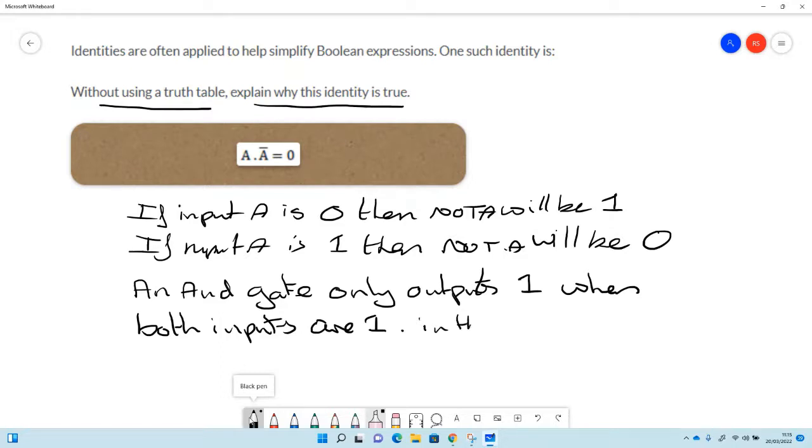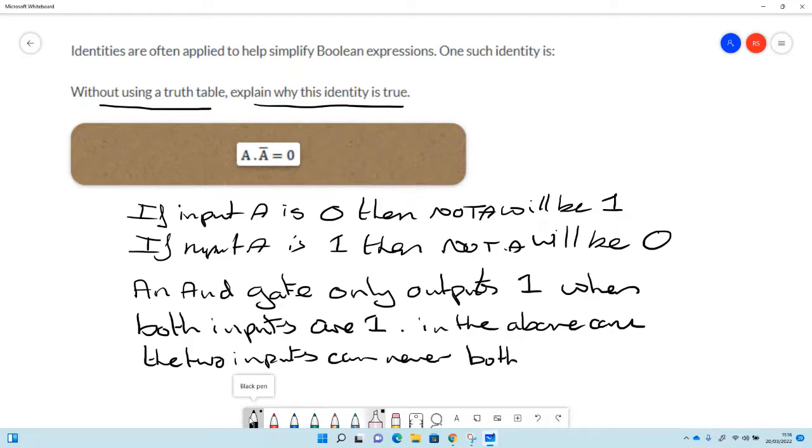In the above case, the two inputs can never both be 1.